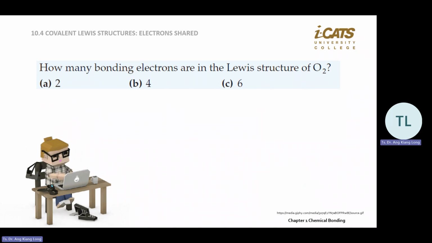We mentioned 2 rules you must comply with to get a stable configuration: the duet rule, D-U-E-T, or the octet rule. The duet only applies to the first 2 elements, which are H and He only.